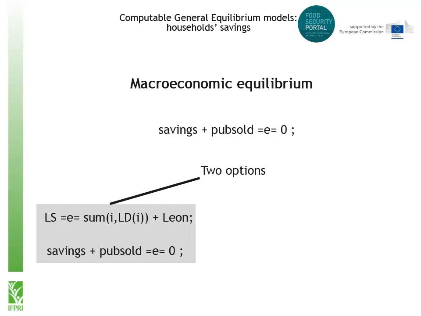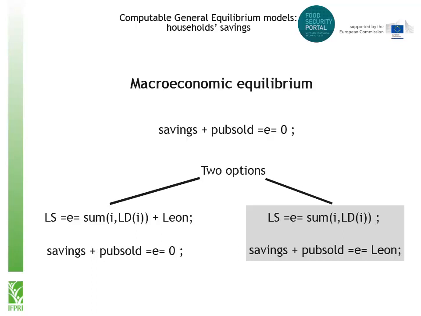It is Walras's law. So the first option is to keep Léon on the labor market equilibrium. So we have LS is equal to the sum over i of labor demand plus the Léon variable. And so the macroeconomic equilibrium in this model is simply savings plus public balance is equal to 0.